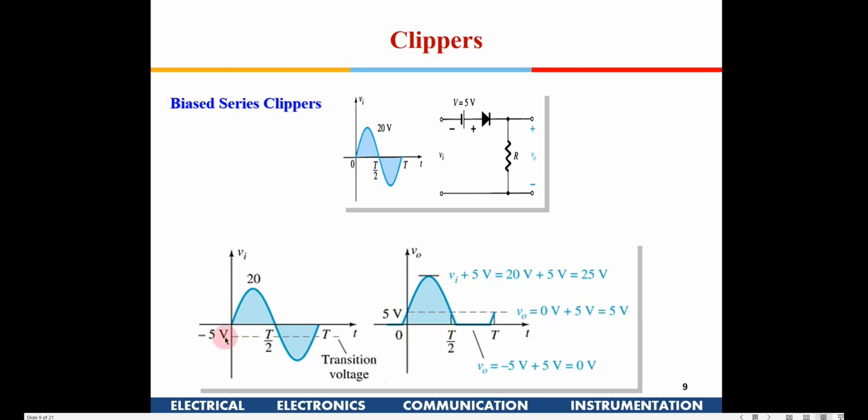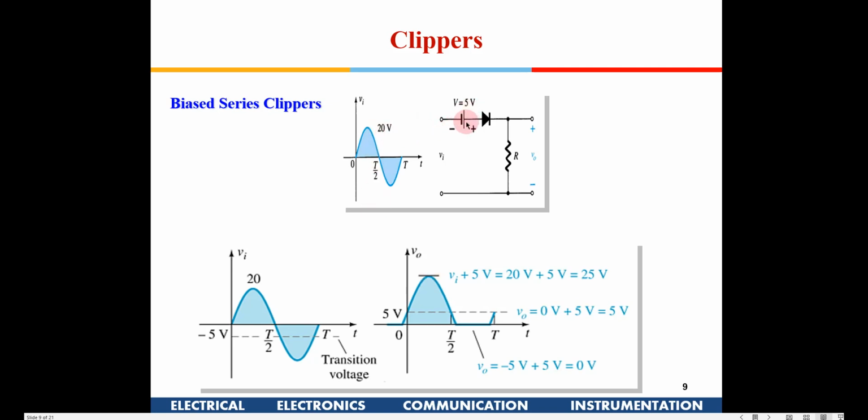That is because if you draw a line out here at minus 5 volt, this minus 5 volt will be reached before 0 and after t/2. So that is the reason it is shown like this, and the maximum voltage out here that it would reach would be 20 plus 5.